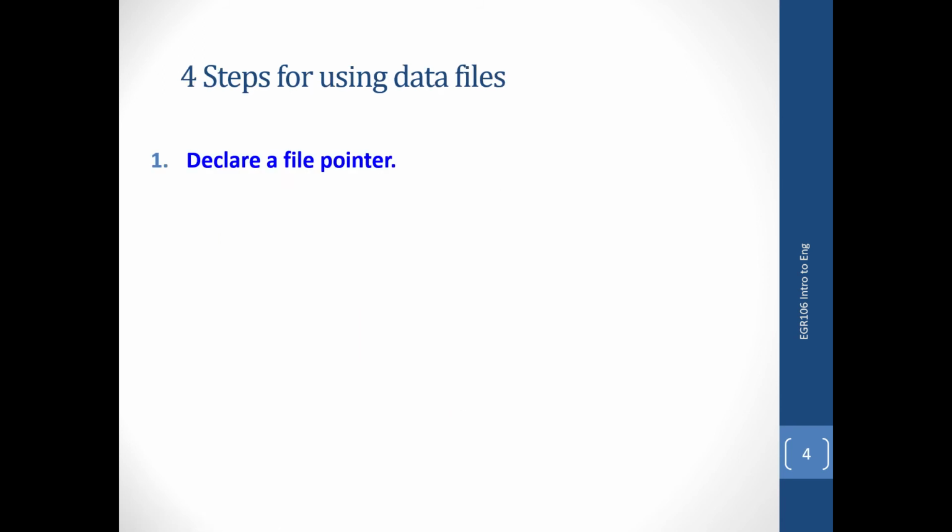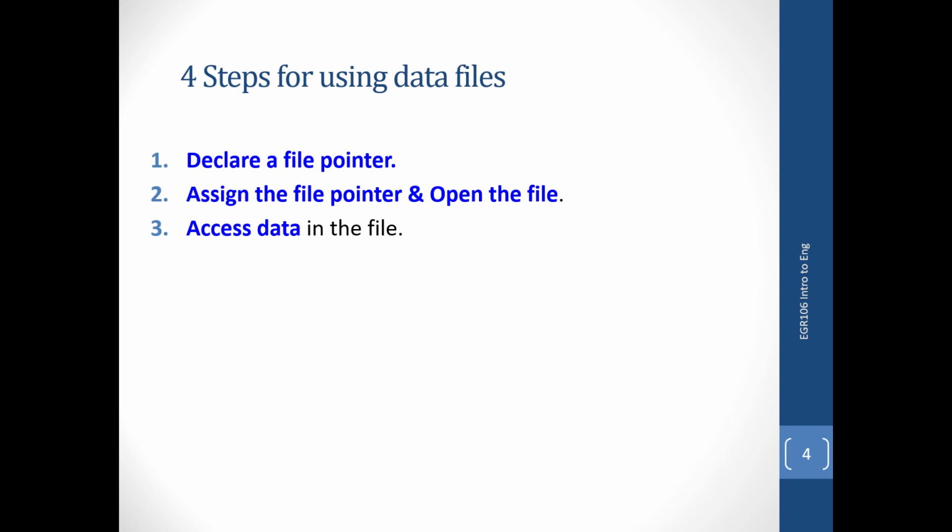So there are only 4 steps for using a file pointer, and we need to remember to use every single one. None of them are very complicated, so make sure you write these down. We have to declare our file pointer and say we're going to use this file. We have to assign the file pointer and open the file, and the reason these are combined into one step is because we usually do them in the same line.